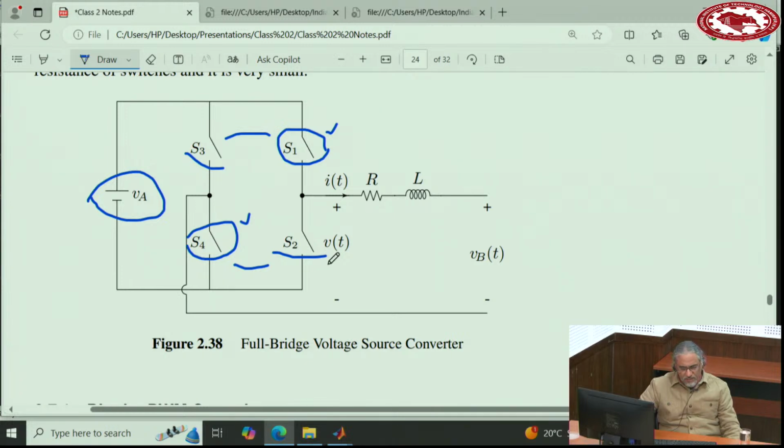So I will talk about advantages of this. What are the advantages? The advantage is obviously when you switch between VA and 0 or 0 and negative VA, this inductor is exposed to a smaller range of AC voltage variations.